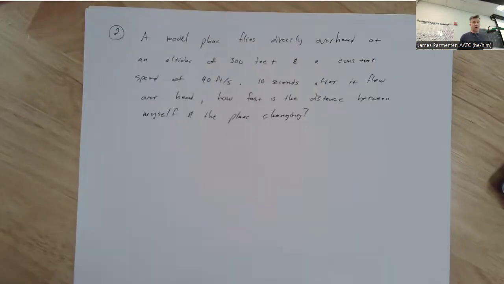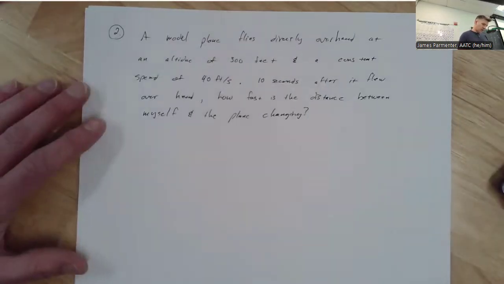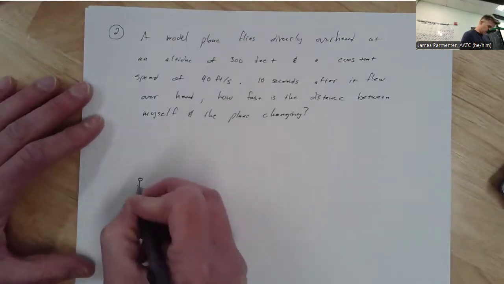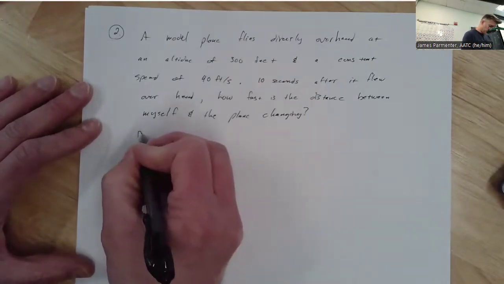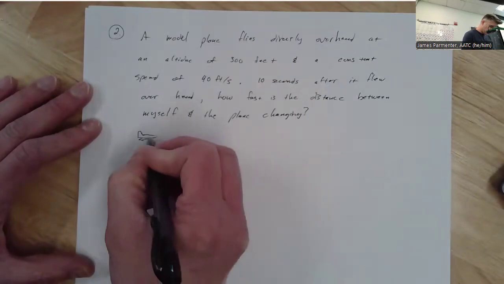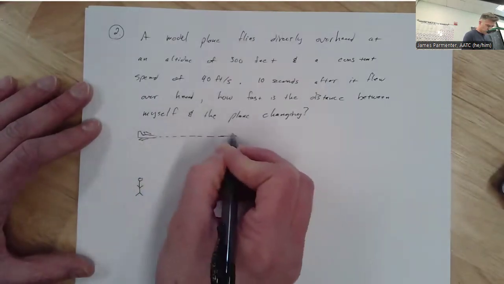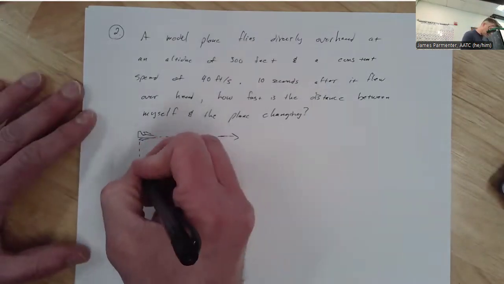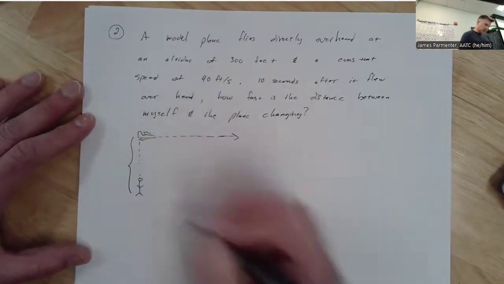And this is definitely a situation where I would draw a picture. So here we go. Here's me. There's the plane flying overhead. It's going that way. And we know a few things. We know that the altitude of the plane isn't changing.